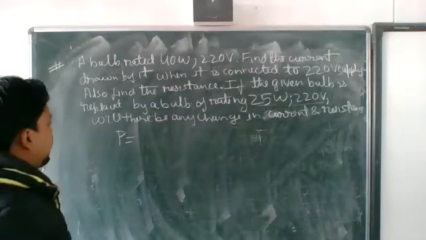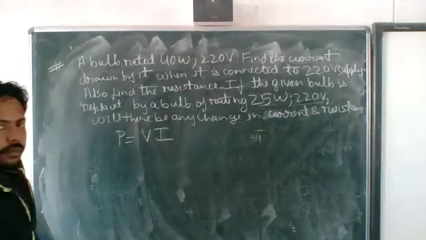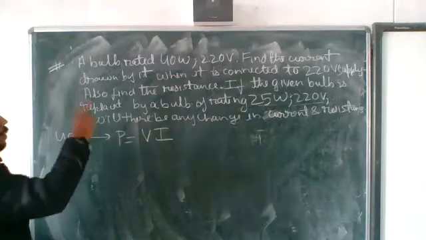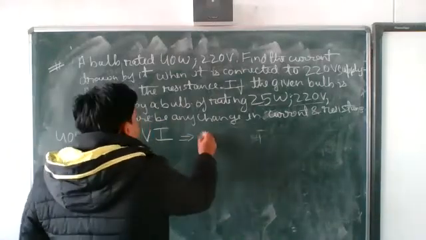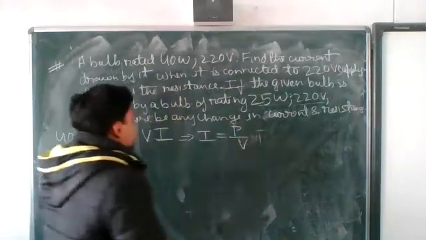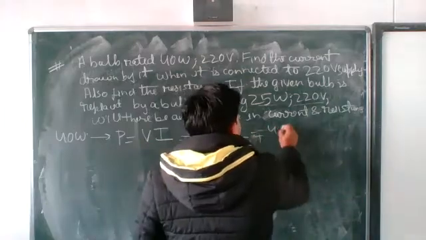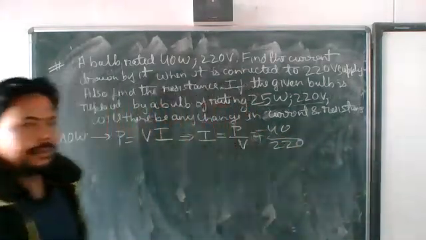Because you have to find the current. Power is equal to V into I. I am talking about the 40 watts bulb. So the value of I will be P upon V. Power is 40 and voltage is 220. How much is it coming?